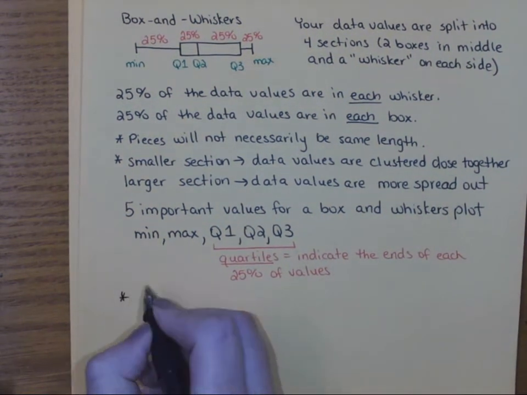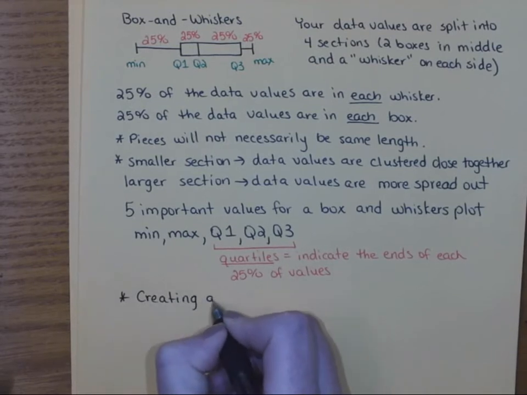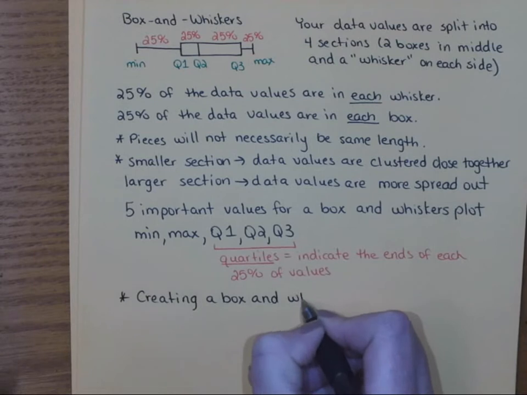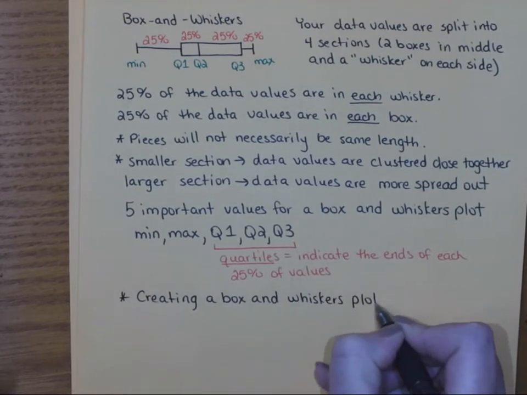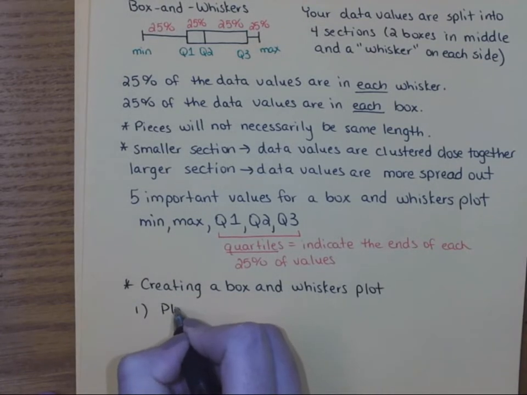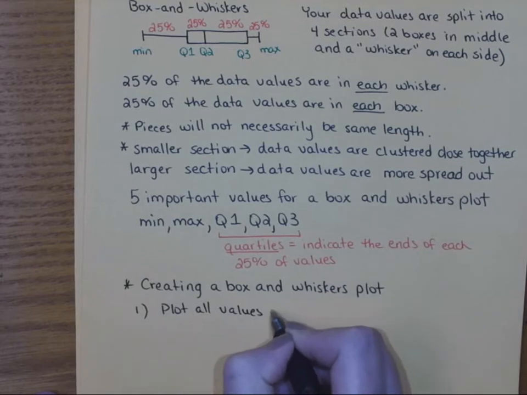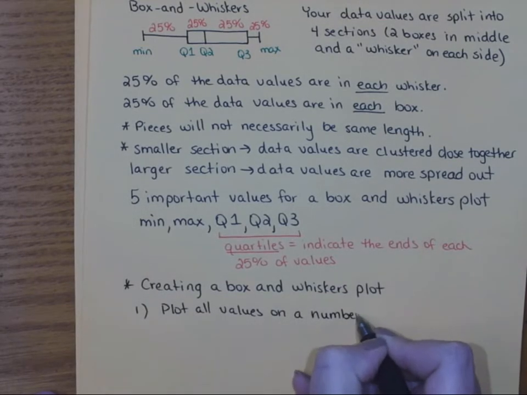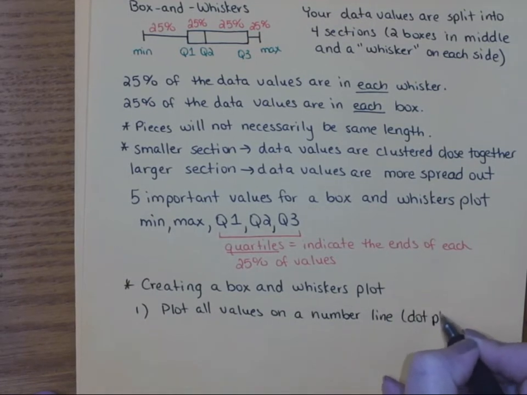All right, so what if you don't have a guideline like that worksheet? I want you to be able to create meaningful box and whisker plots. So the first thing you're going to do is plot all the values on a number line. Just to remind you, this is called a dot plot.